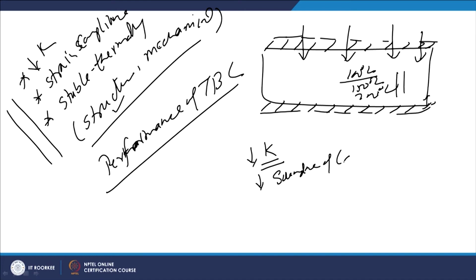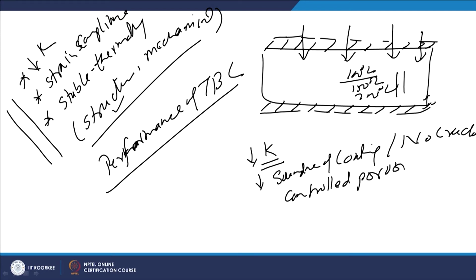Soundness of coating means there should not be any cracks. Such coatings are designed to have controlled porosity, so that the heat transfer from the surrounding to the main component can be reduced.